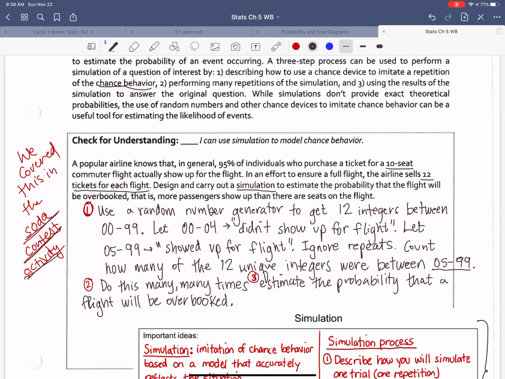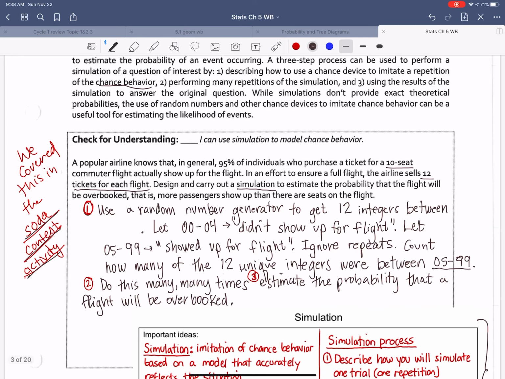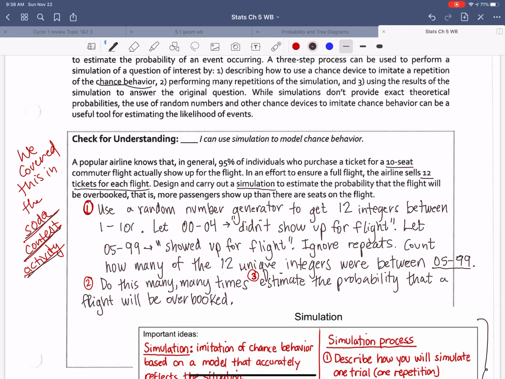I have a random number generator that actually lets me generate numbers, unlike a calculator, from 1 to 100. So I'm going to let the numbers 1 through 5 mean don't show up, and that means 6 through 100 is showed up for the flight.